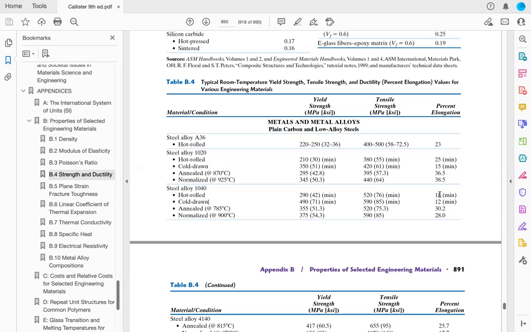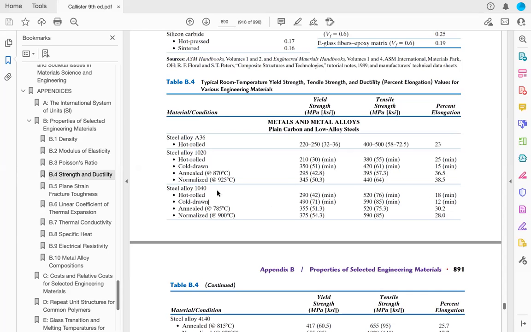If it is cold drawn, cold working at a very low temperature, the yield strength is much higher. We also get higher tensile strength, but very small elongation, only 12%.